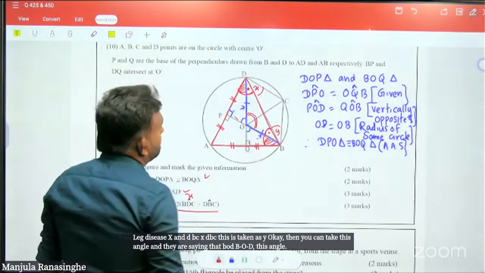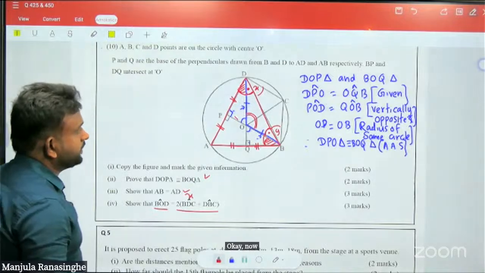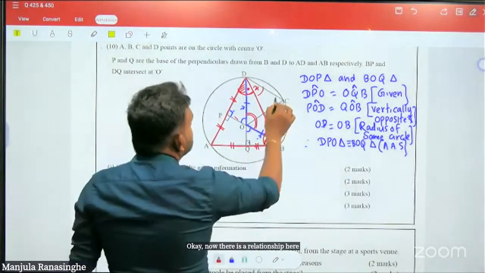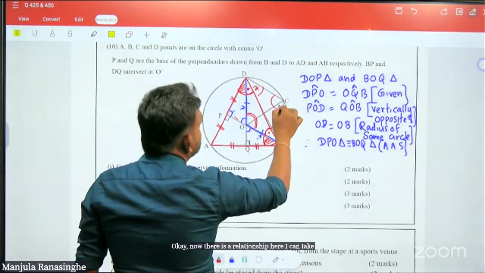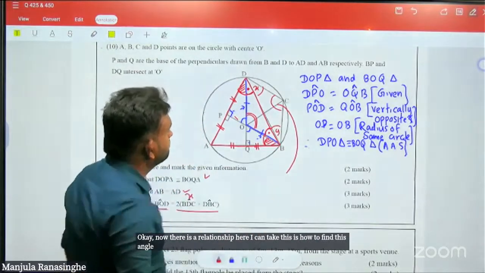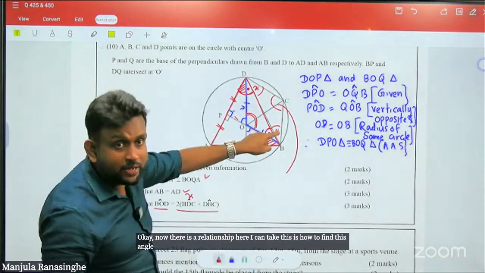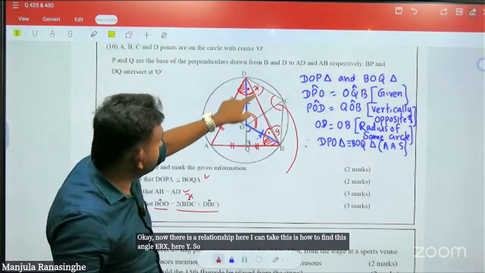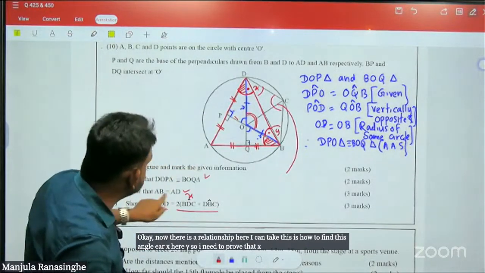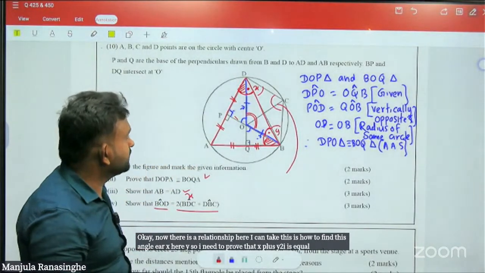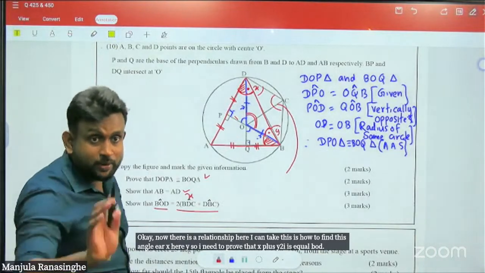Now there is a relationship here. Here X, here Y. So I need to prove that twice X plus Y equals BOD. Okay, this is my way.